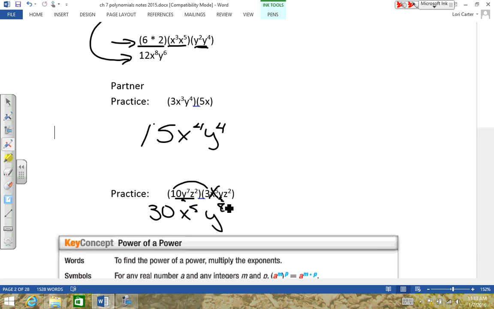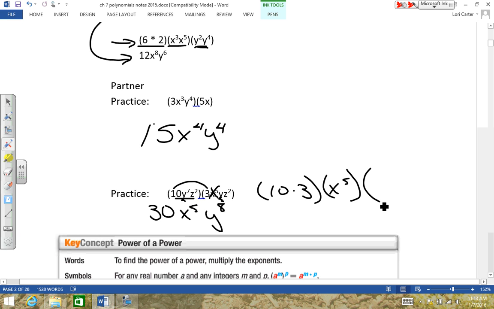Y to the 7th, y to the 1st. No, the z does not go with the y. The y's are separate. You have first the 10 and the 3 go together. The x to the 5th is by himself. Now you look at your y. Tell me what y's are in the first one.